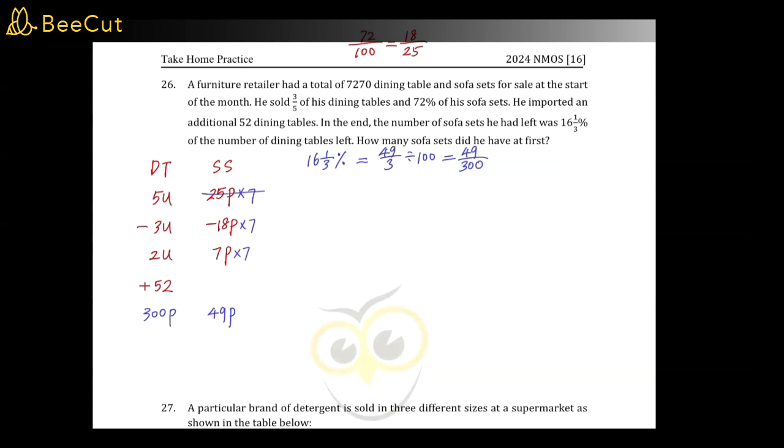Okay, so at first it is 175p. The 18 times 7, this sold 126p. And then we have 49p left. This is the number left in the end. Then we can get from here.